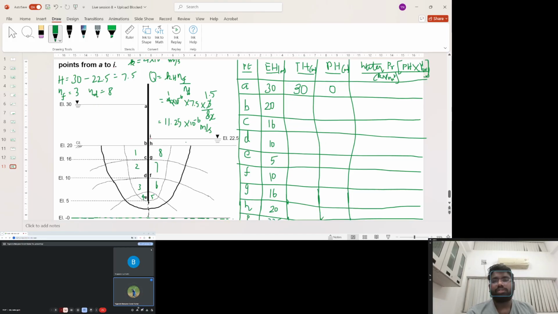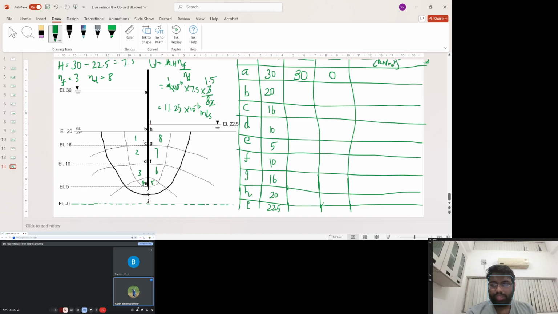All right. Similarly at B, if you keep the piezometer here, it will again rise to this point. The elevation is 20, and the water will rise up to here in the piezometer.